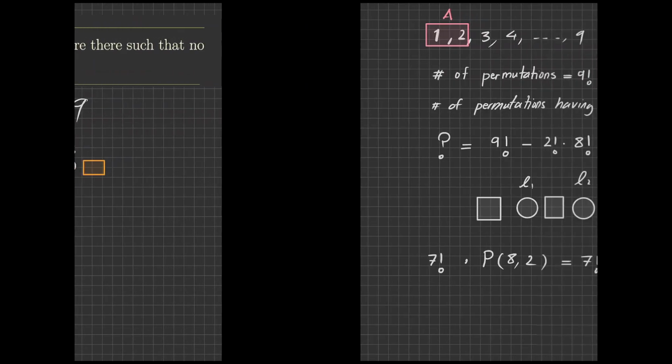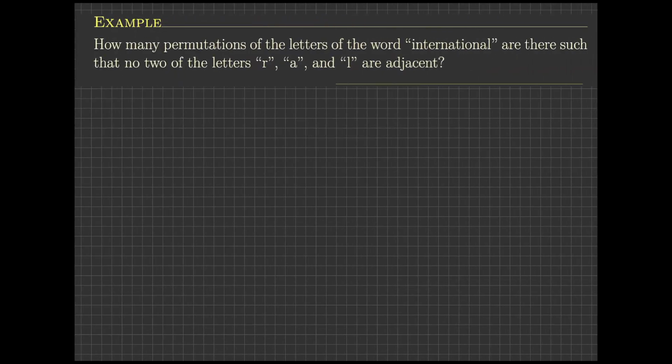Okay, so now let us go to the new example. Now you have a little bit of experience with these kinds of problems, so let me read the problem for you. How many permutations of the letters of the word international are there such that no two of the letters R, A, and L are adjacent?